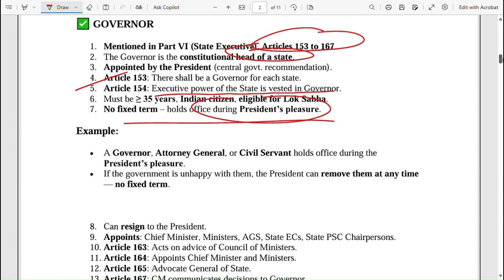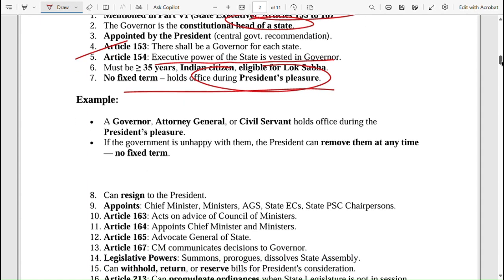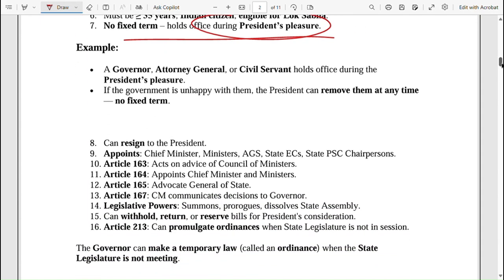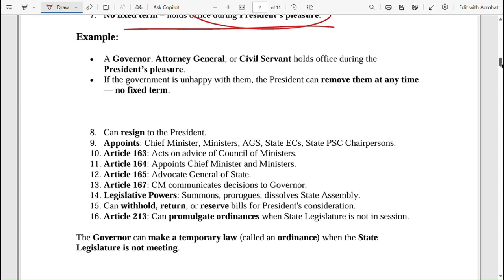As long as the president feels he is okay, he will remain in power, so there is no fixed term or tenure. For example, a governor, attorney general or civil servant holds office during the president's pleasure. If the government is unhappy with them, the president can remove them at any time, so no fixed term.